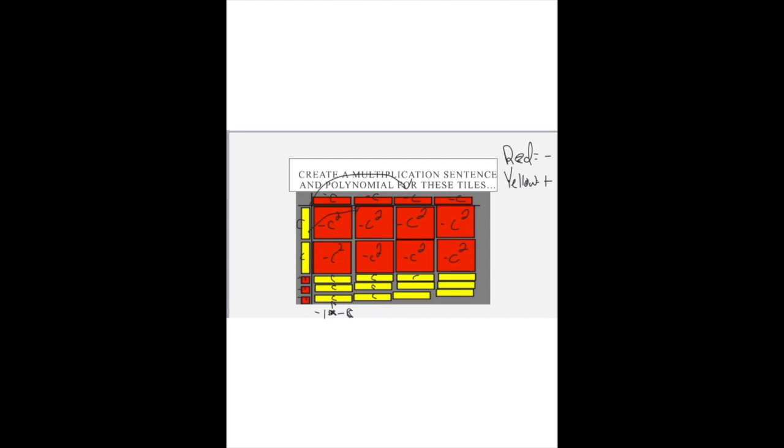Right, so this is if we visually represent the equation that we were just looking at, using the algebra tiles.